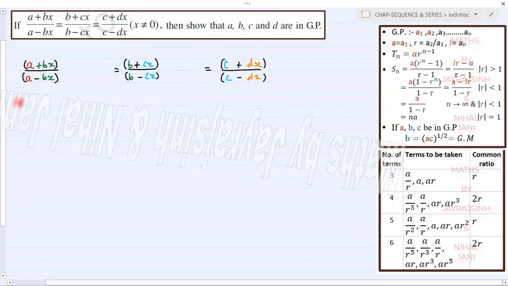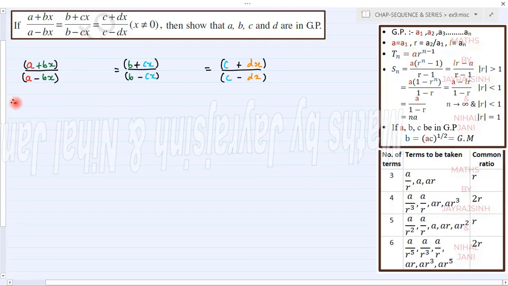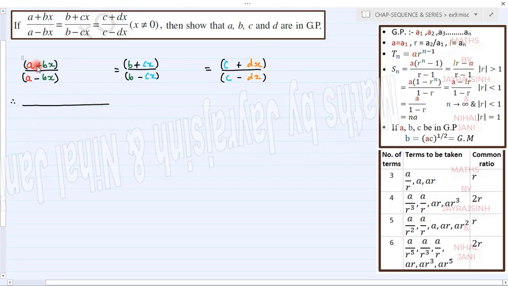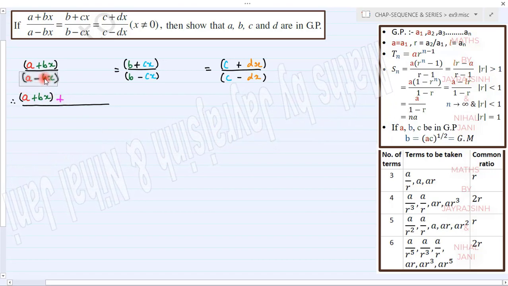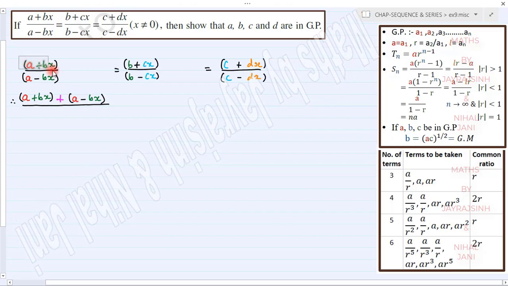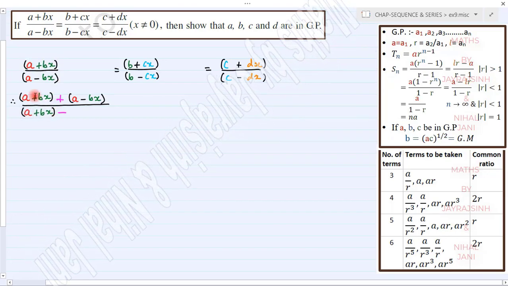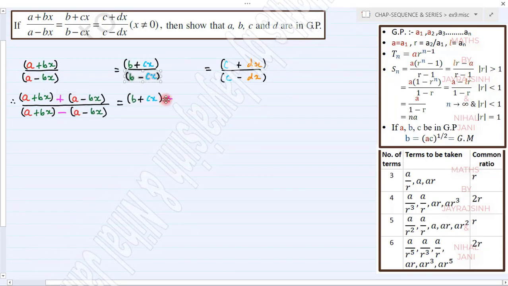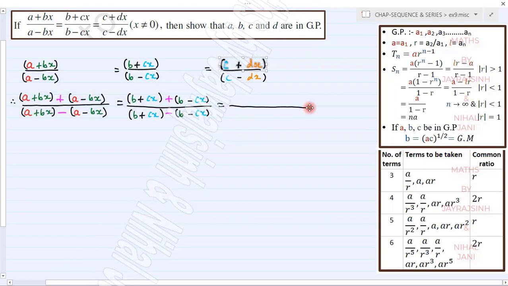So let's try to separate the terms, and for that we have to take componendo dividendo, in which to form our numerator we take numerator plus denominator, and in the denominator we take numerator minus denominator. Similarly, we will form the second term and the third term.